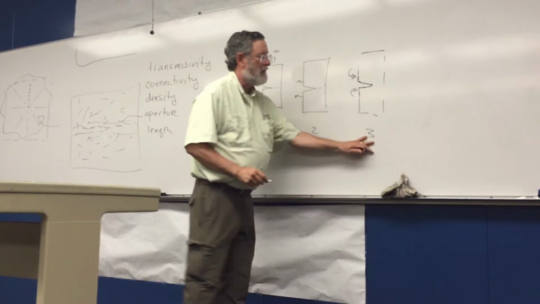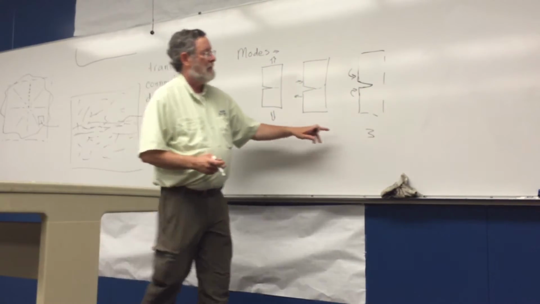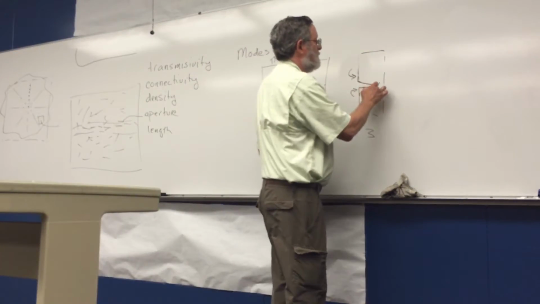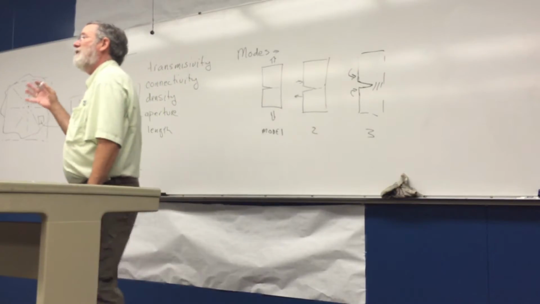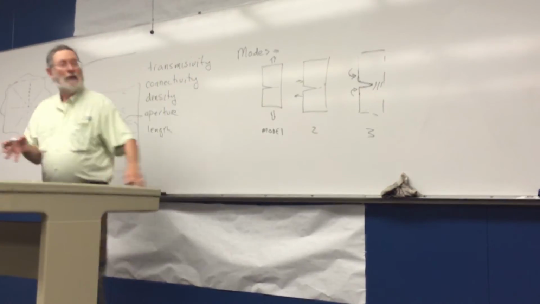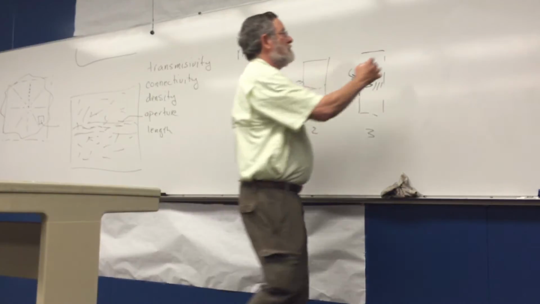And what we left out was that in this case, we end up with an en echelon pattern in the tip line of that flaw. We can have mixed modes.